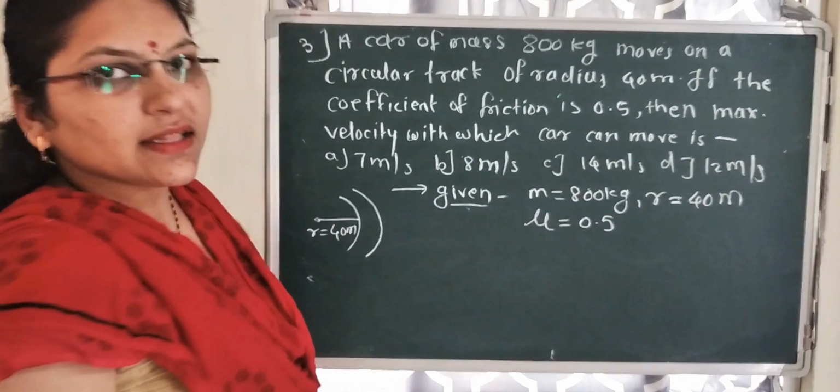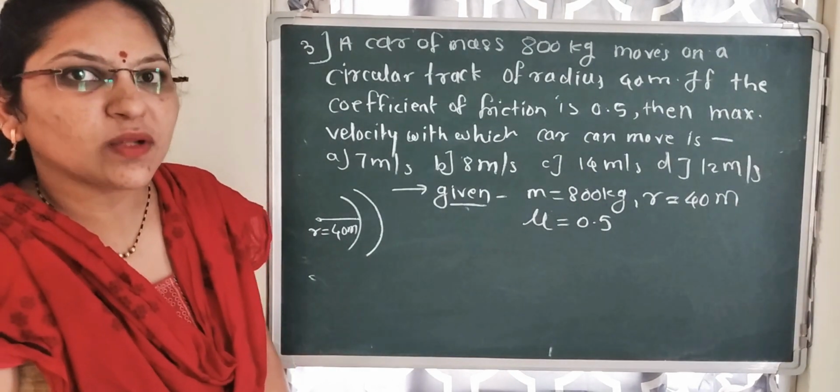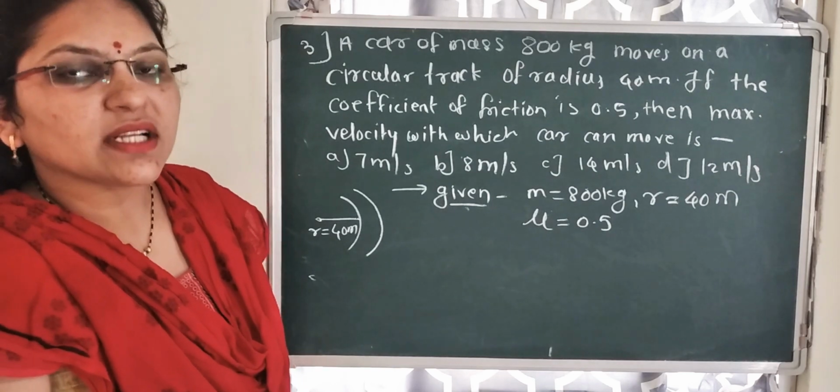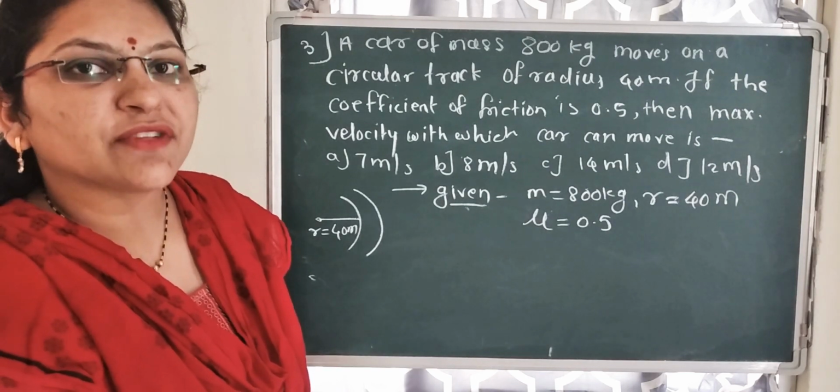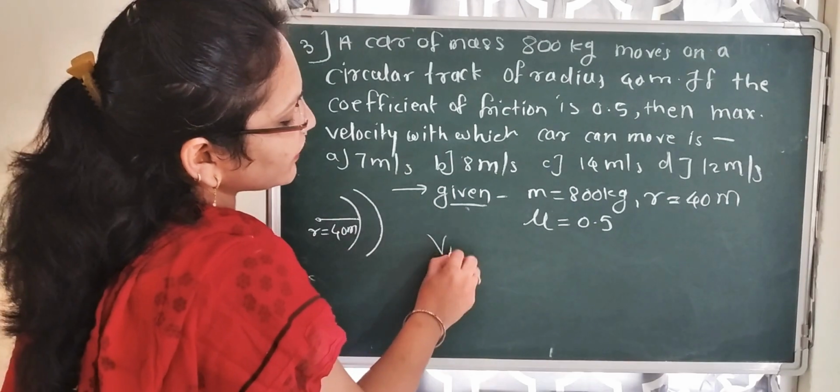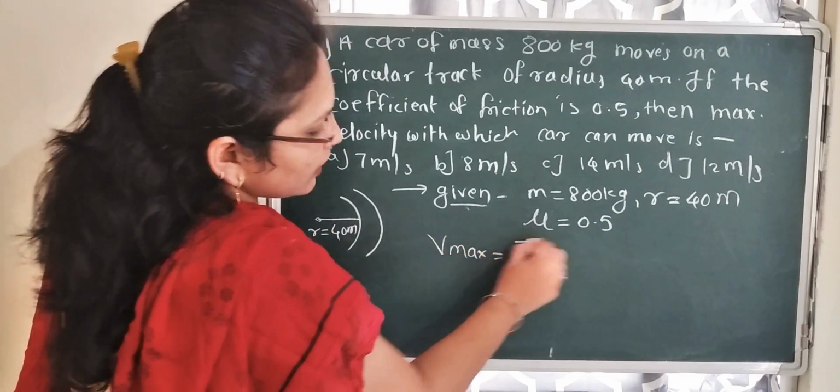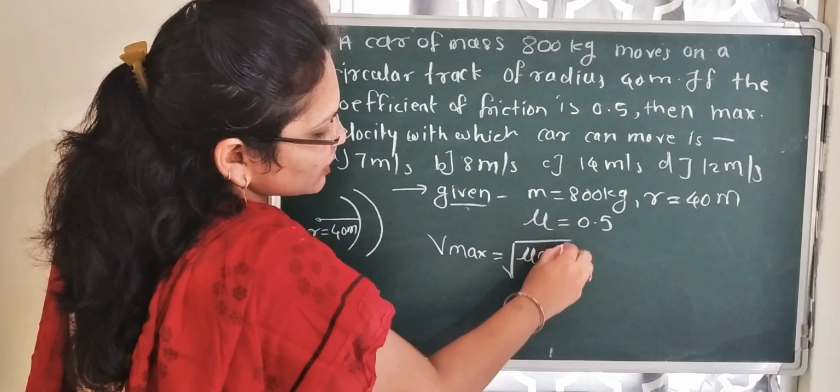We have seen in theory that for a horizontal circular road, the maximum safe speed is given by V max is equal to under root mu r g.